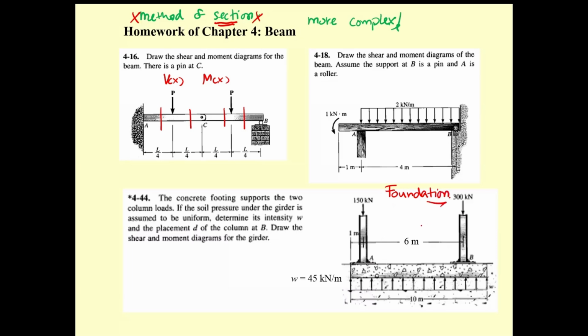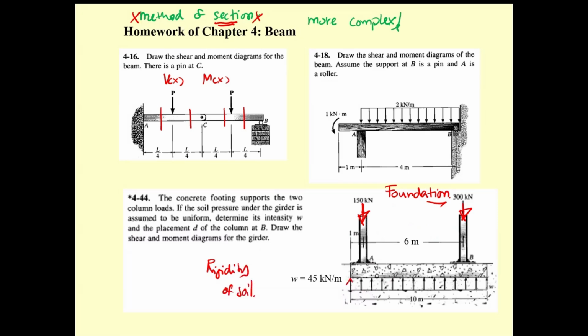And then we should also be able to find the shear force and the moment of the foundation also. The foundation behaves like some kind of beam if the foundation is a rigid foundation. And then the force of the column will transfer to the foundation due to the rigidity of the soil.